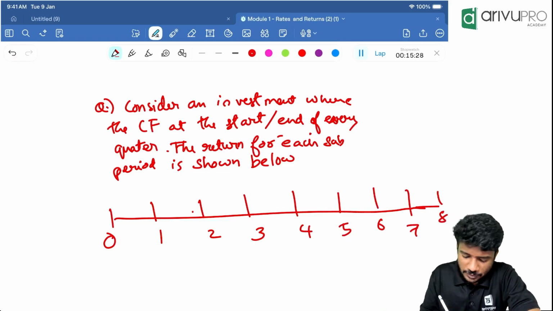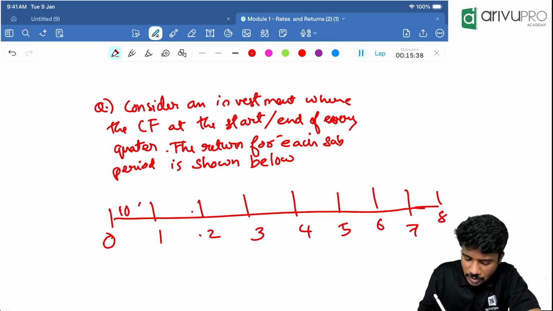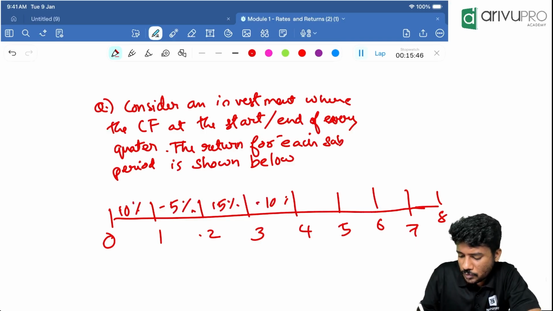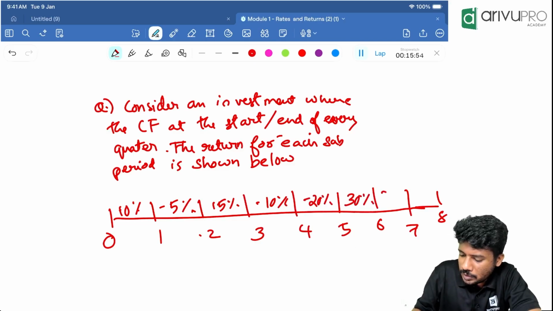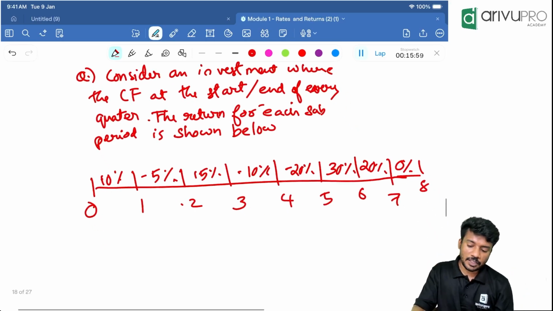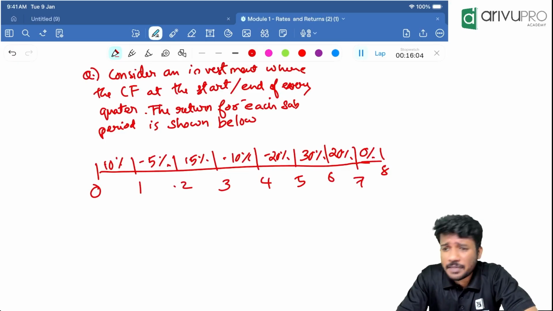For the first sub period it is 10%, second it is minus 5%, then 15%, then minus 10%, then minus 20%, then plus 30%, then 20%, then finally 0%.